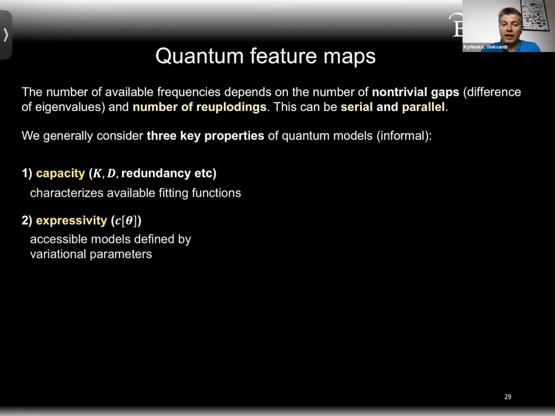But there is also a point of expressivity, because applying feature maps by itself will generate frequencies. But if you cannot access each frequency individually, each term in your expansion, and if you have coefficients that, even if they are non-zero, are constant, you will have a limited ability to fit this model to specific data.